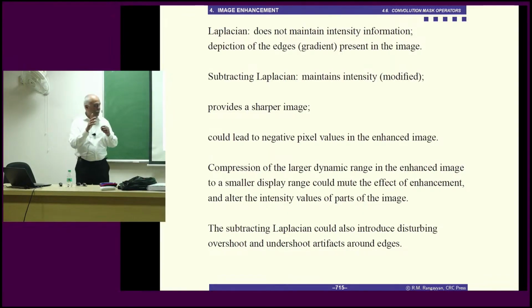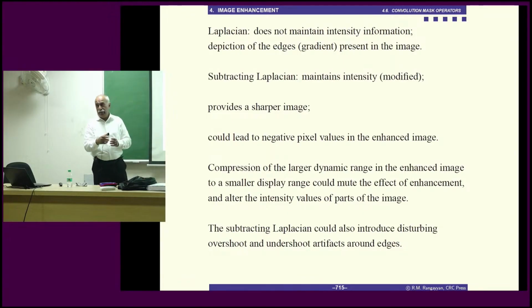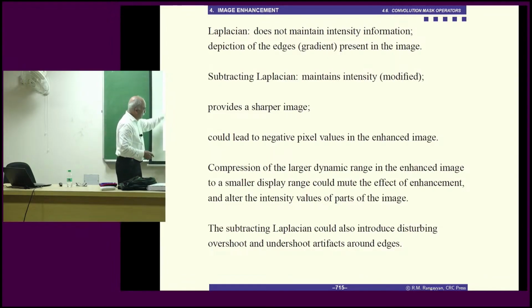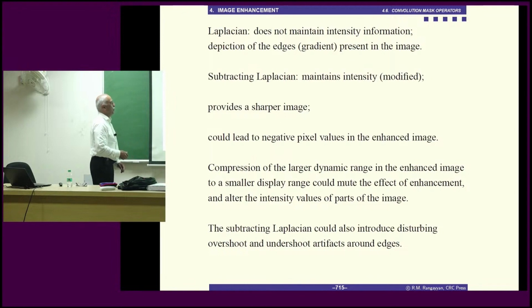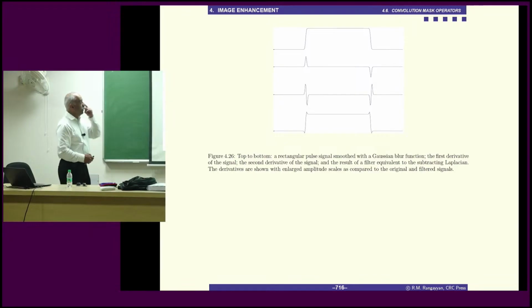So there are some practical issues and difficulties as to how to handle this. If you just chop off all the negative values, many parts will be set to 0, and that doesn't work. So mapping of this to the output is an issue. It also introduces disturbing overshoot and undershoot, like we saw earlier, and that can be visualized by this 1D signal.